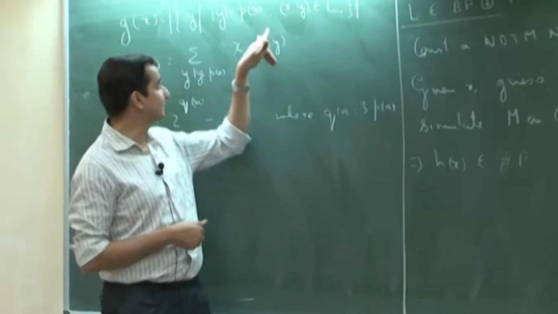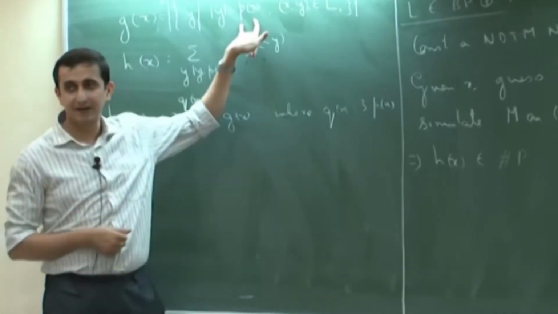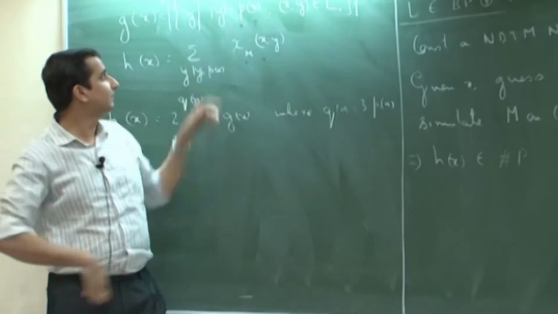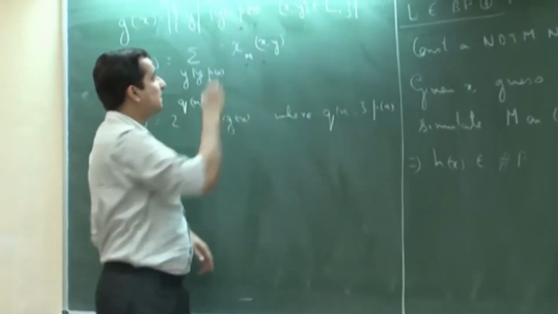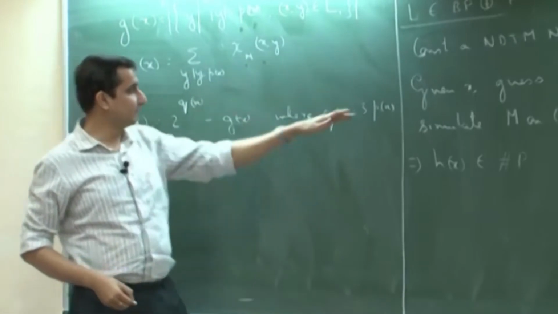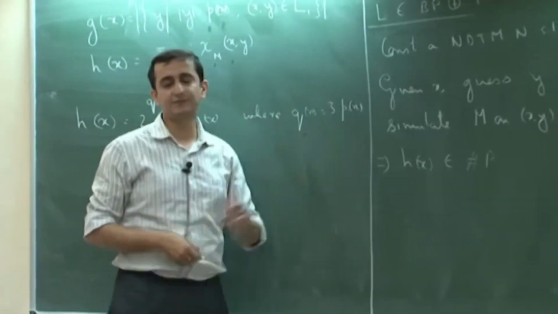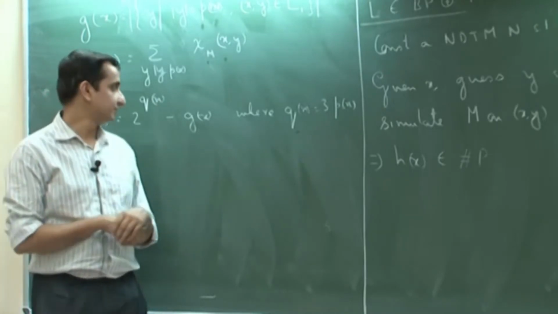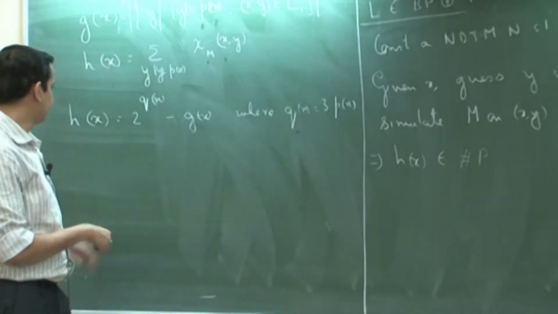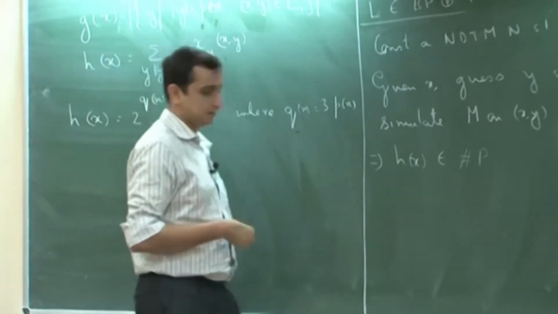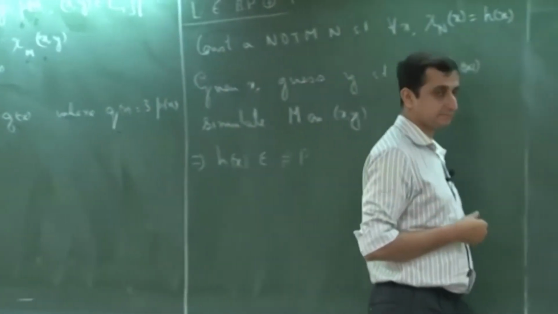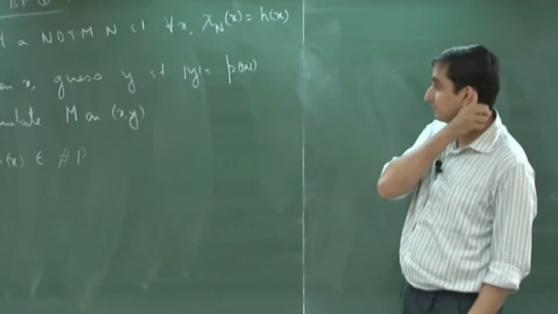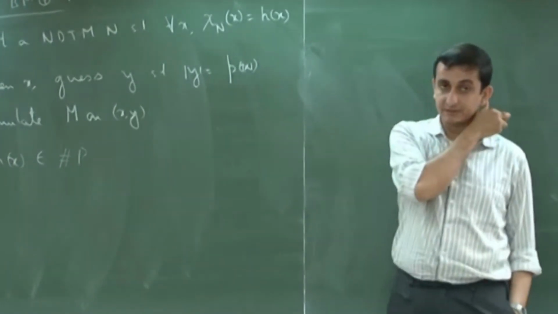The BP machine uses some number of random strings, which is some polynomial, so let us say that polynomial is p. Given such a p, we choose our q of n to be 3 times p of n. That is what we discussed last time while giving the proof of this equality. So, why 3 times p n will suffice.